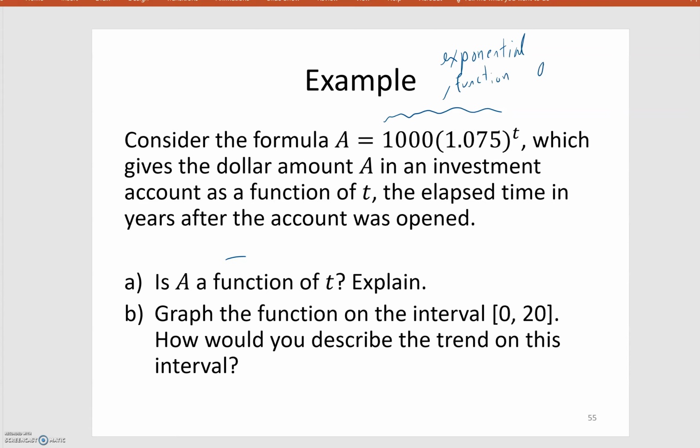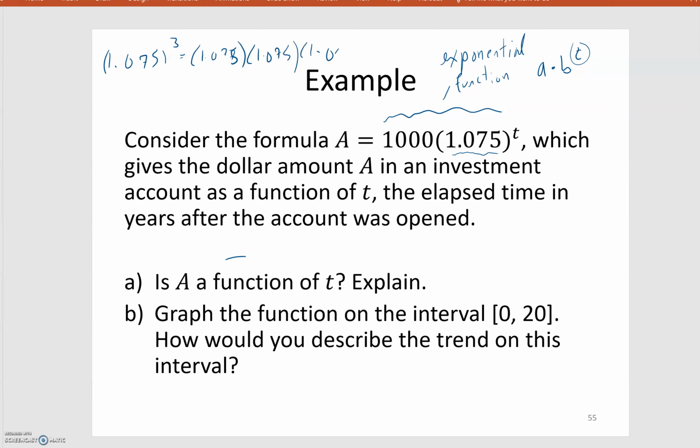So if I have this raised to say the third power, then 1.075 to the third is equal to 1.075 times 1.075 times 1.075. So 3 times. That's the basic idea.